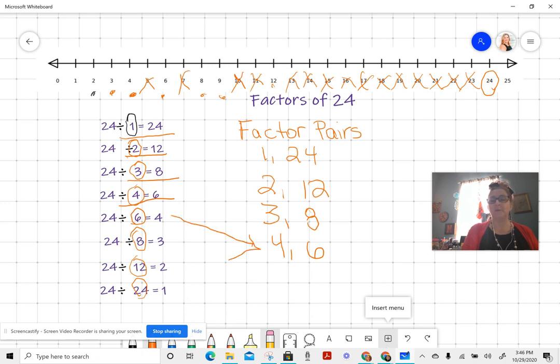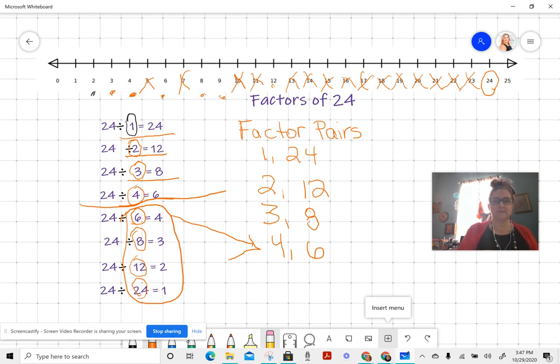It's just the opposite. So right here, I start repeating. And I could have stopped right here when I started repeating, and I could have stopped dividing down the number line because I have 6 and 4, 8 and 3, 12 and 2, 24 and 1, which is just in the opposite direction.